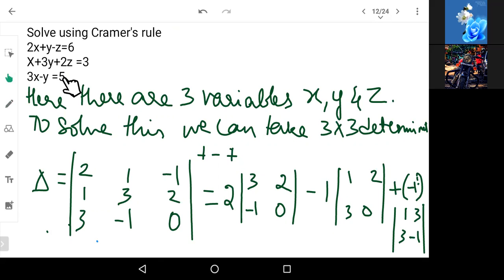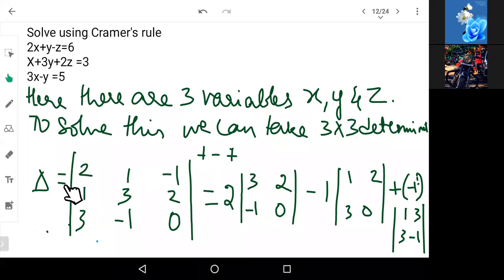So I have to replace the first column with the constants. In the place of 2, 1, 3, I will write 6, 3 and 5. Similarly, for delta y, I will replace 6, 3, 5 in the second column. For delta z, I will replace 6, 3, 5 in the last column.